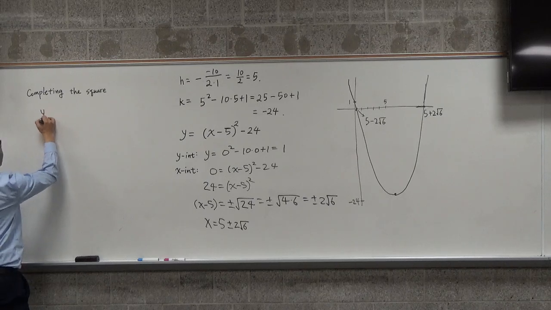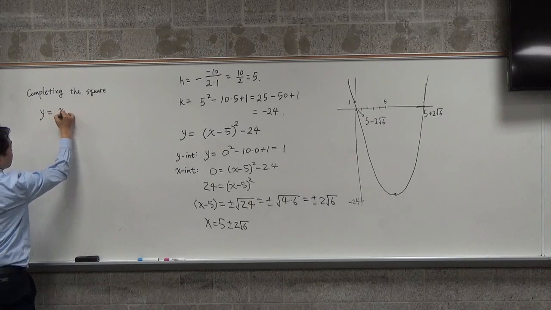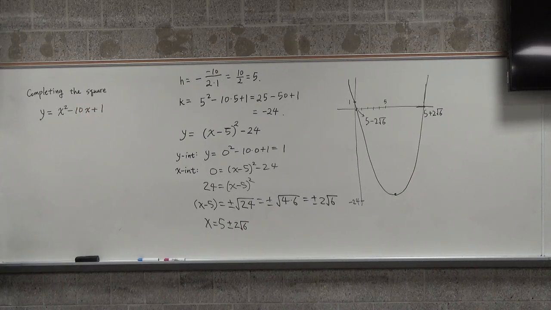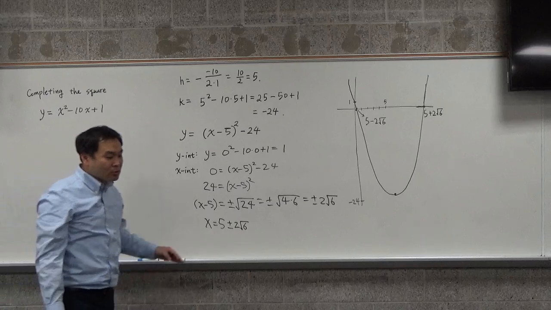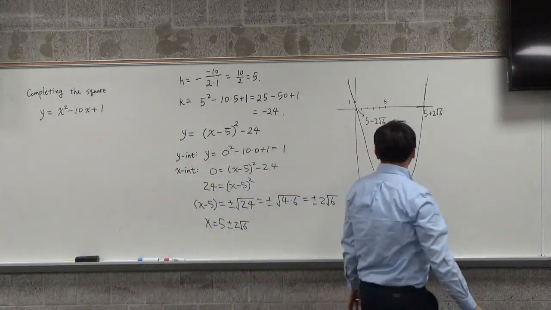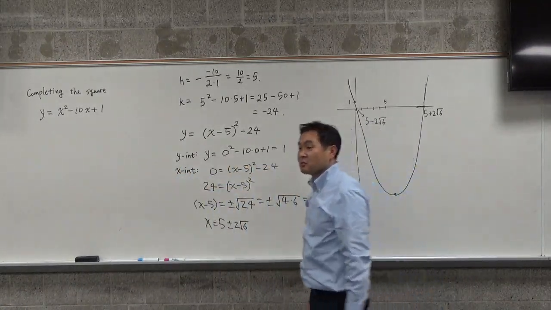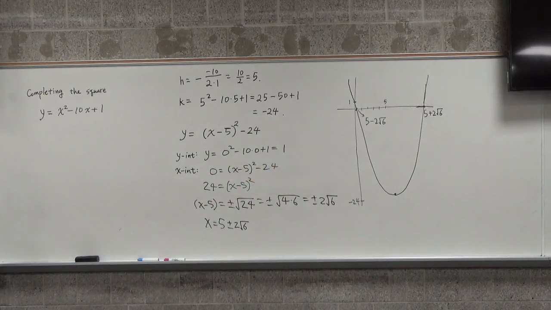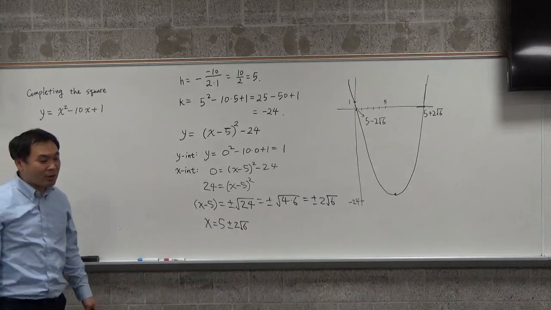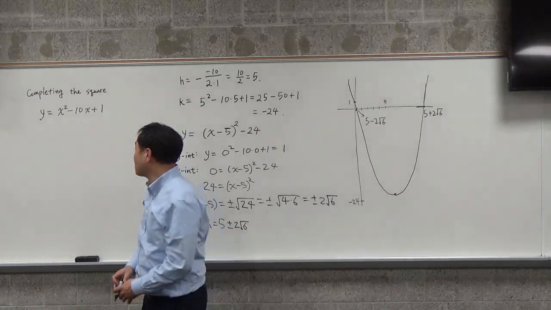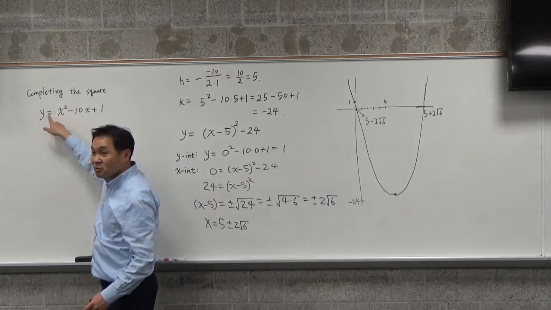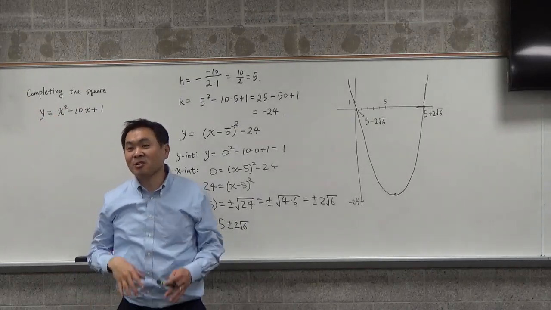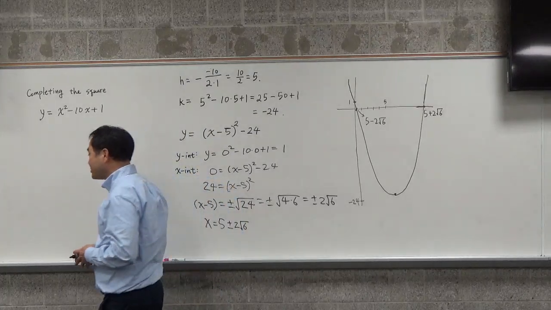So the original equation was y equals x squared minus 10x plus 1. And what I'm about to show you is the easiest case for completing the square. Completing the square can become quite complicated, and if you have other cases where you have some strange coefficient in front, and if this is odd and all that, it does become very hard.